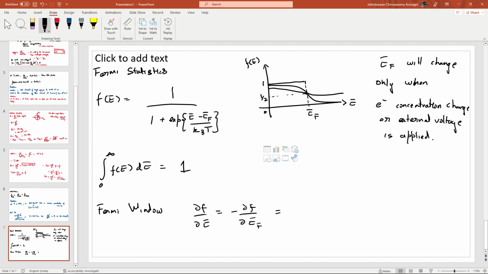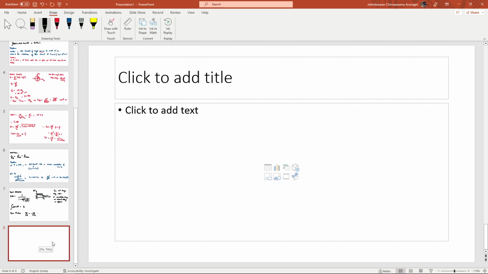Of course, this quantity can be explicitly evaluated over here. So it will come out to be minus 1 over the square of this quantity. You know what? Why am I wasting time on this? This part has been done in the lecture, so please go and revise these things.